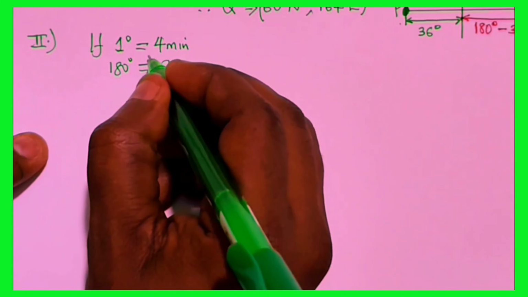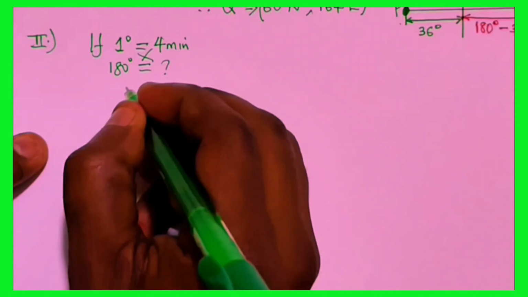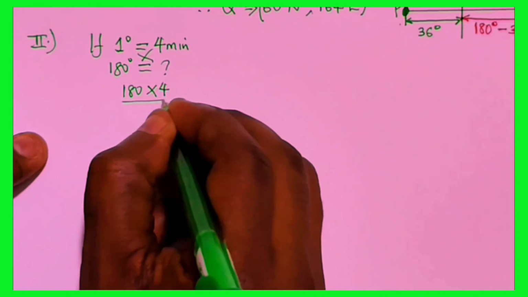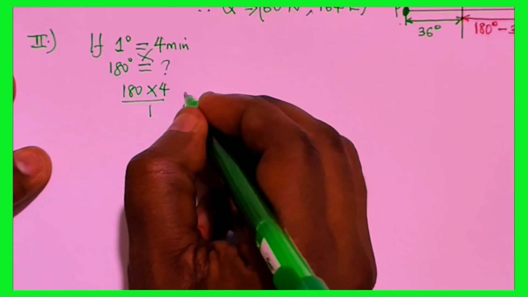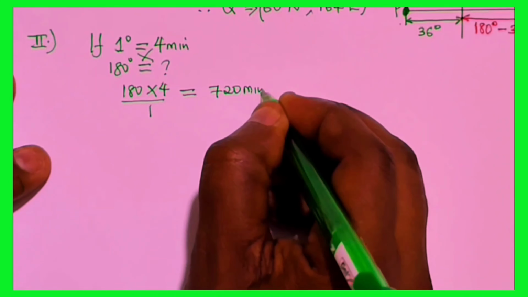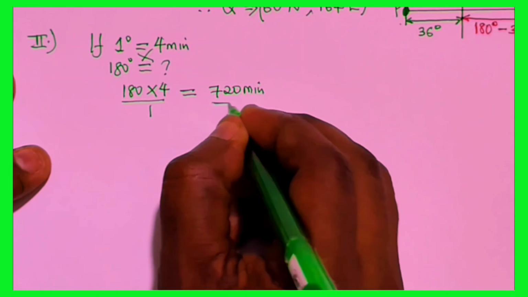By cross multiplication, you're going to have 180 degrees multiplied by 4 and then divided by 1. The solution here will be equal to 720 minutes, which when you change into hours by dividing by 60, you're going to get 12 hours.